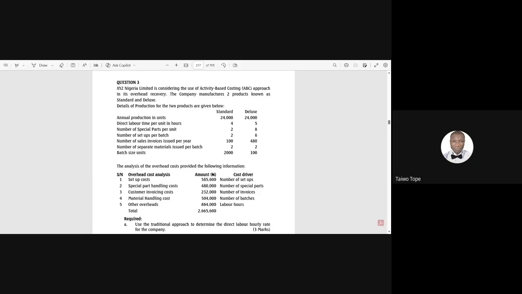I'm coming up with this topic because I'm very sure that it is going to be tested this diet. This question has been tested. It was tested in November 2017. Again, it was tested in November 2024. And an activity-based costing question was tested in May 2025. It was tested in November 2022.